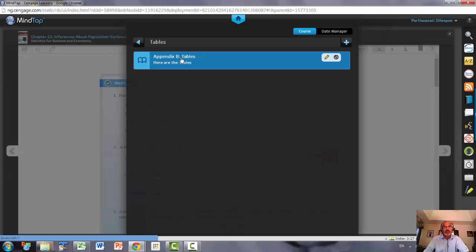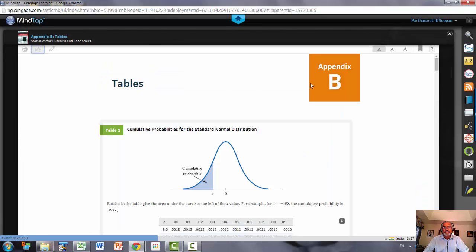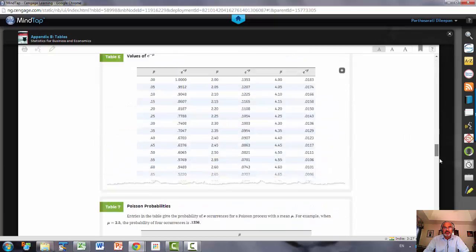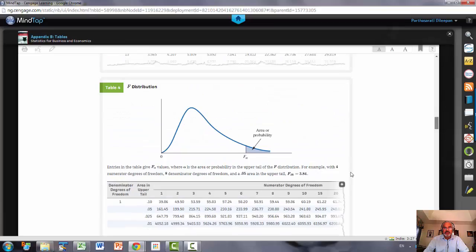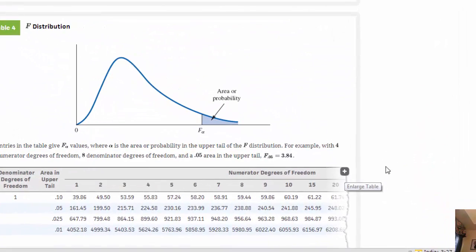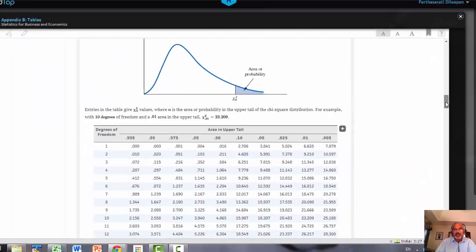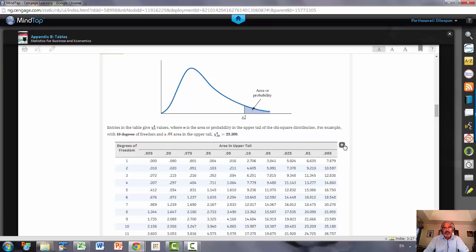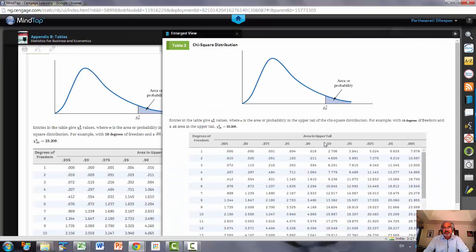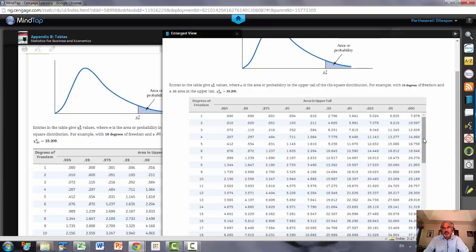If you click this link, you get to Appendix B, and in Appendix B you have all the tables listed here, and you can expand by clicking this plus key. You can expand the table and you will have the list of the entire table.